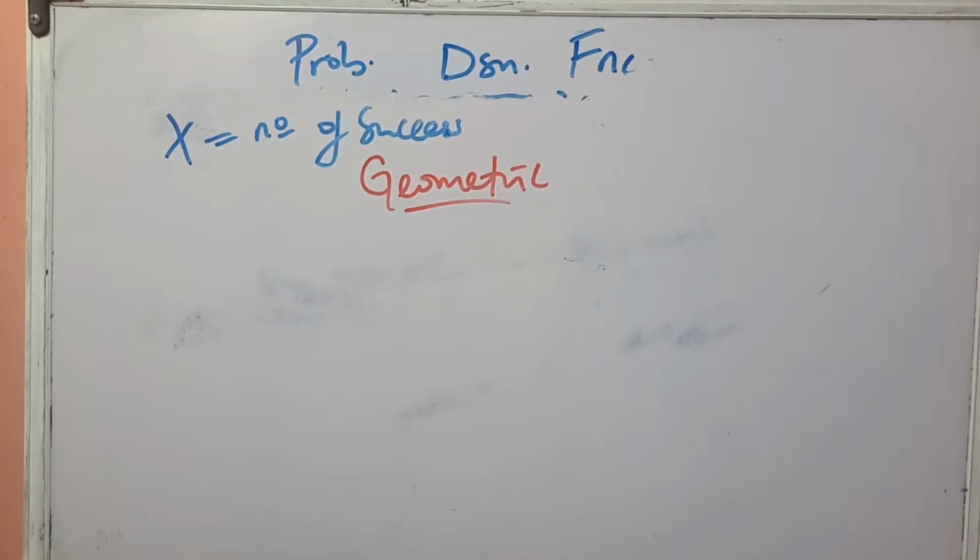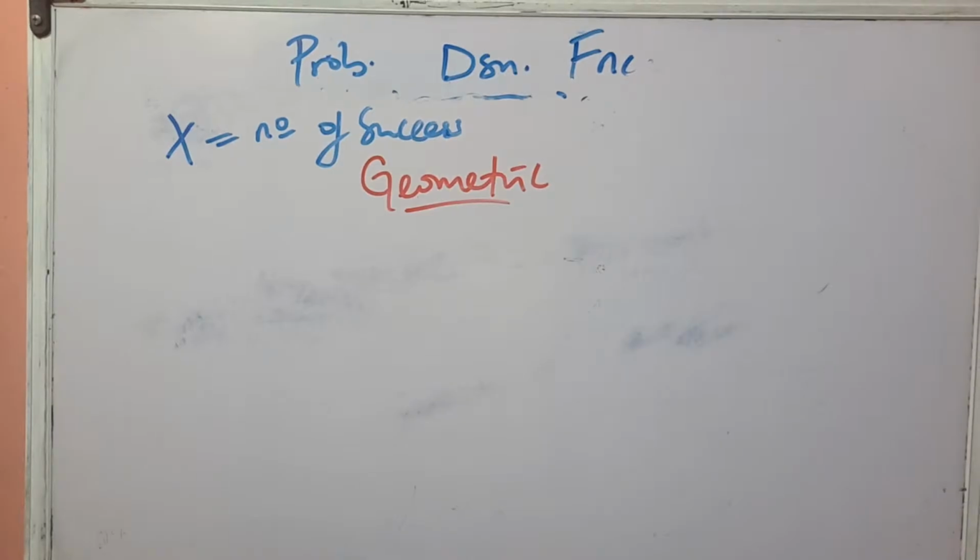Geometric says, how many trials did you have to make before you got the first success? So if you're looking for a head in tossing a coin, geometric is saying, how many times did you have to toss that coin before you got a head? So the distribution that models that experience is geometric. That's the advantage of geometric.